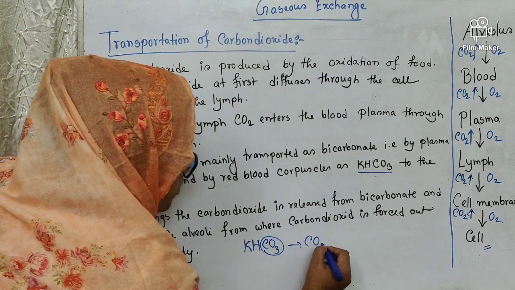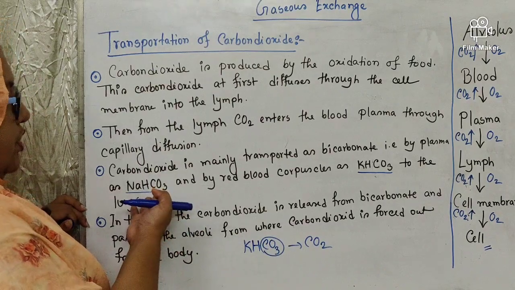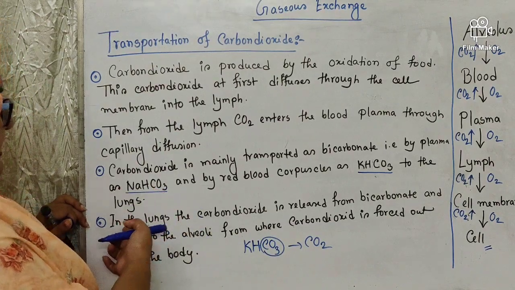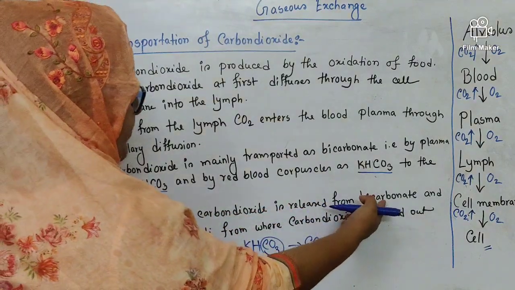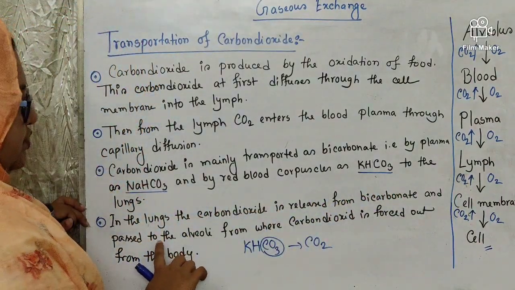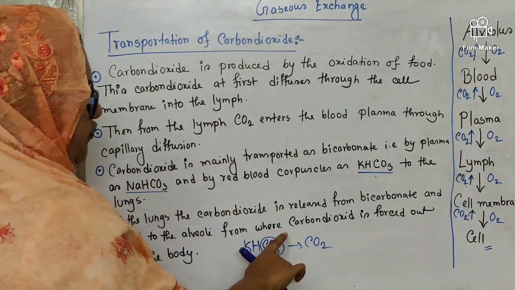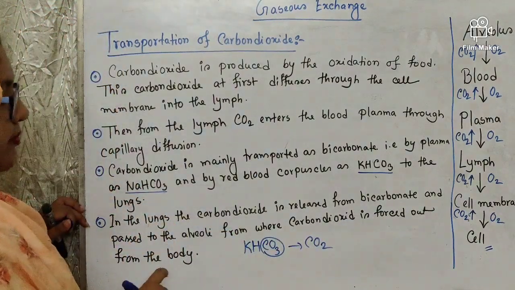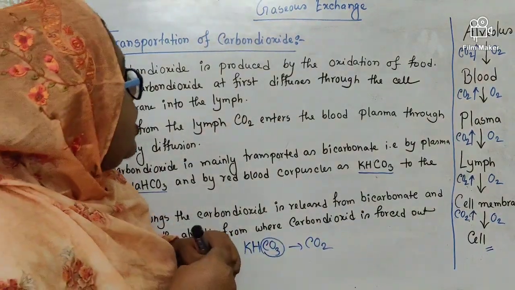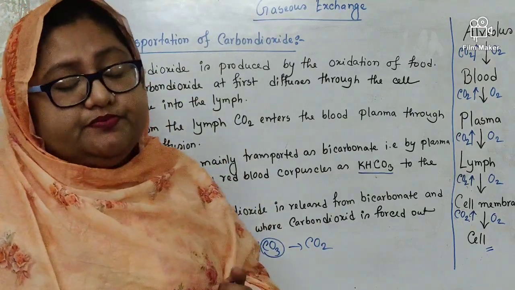So carbon dioxide will be released from potassium bicarbonate or sodium bicarbonate, and passes to the alveoli, from where this carbon dioxide is forced out from the body. That's all for transportation of carbon dioxide.